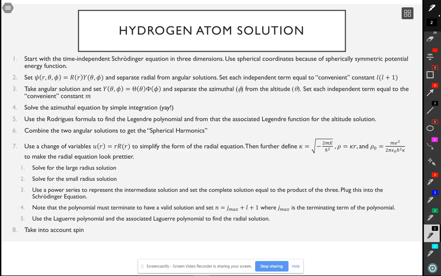So I went through and summarized, in kind of lengthy form, the actual process we did for solving the hydrogen atom. So we start with the time-dependent Schrodinger equation. And the first thing, which I just said we do all the time and never come back to, is you separate to the time-independent version, and that's the one we work with.